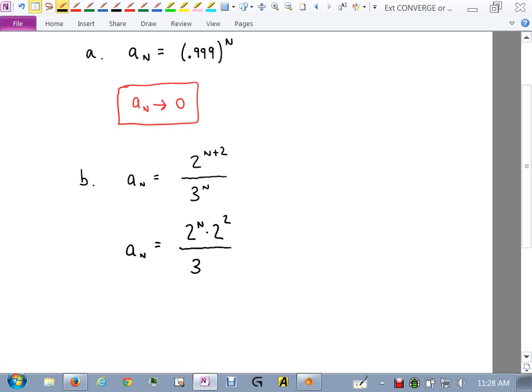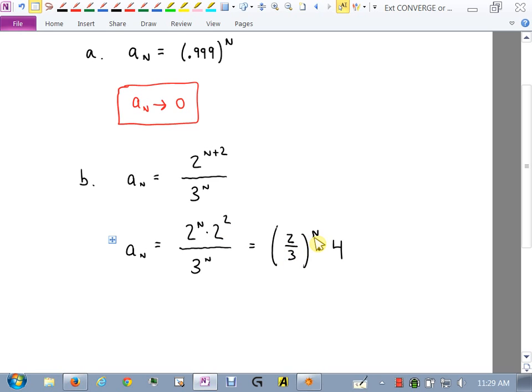This is the same thing. 2 to the n plus 2 is the same as 2 to the n times 2 to the 2, because you add the exponents, right? And then 2 to the n over 3 to the n is the same as 2/3 to the n. And then what was still sitting out here? 2 to the 2, so 4 times 4. What does 2/3 to the n do?